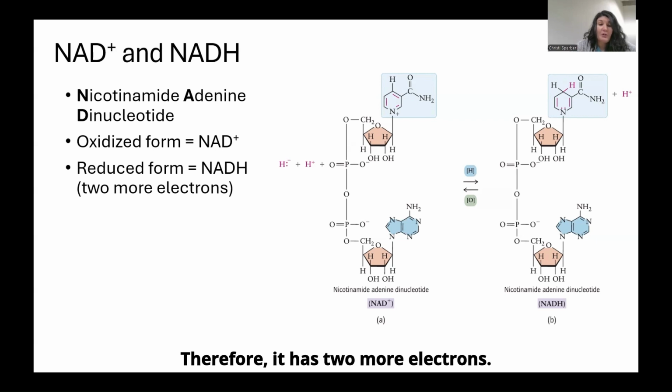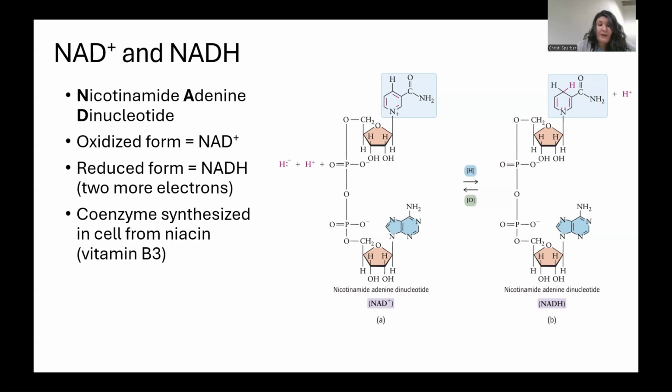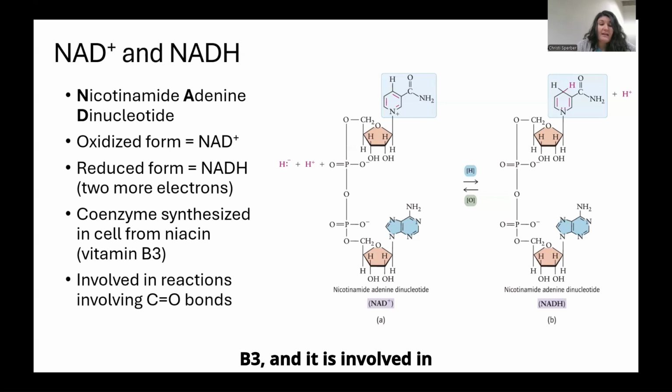Therefore, it has two more electrons. This is a coenzyme that's synthesized in the cell from niacin, which is vitamin B3, and it is involved in reactions involving carbon-oxygen double bonds.